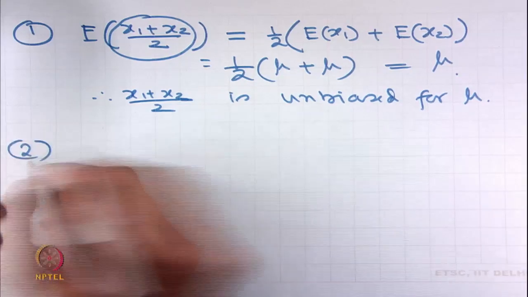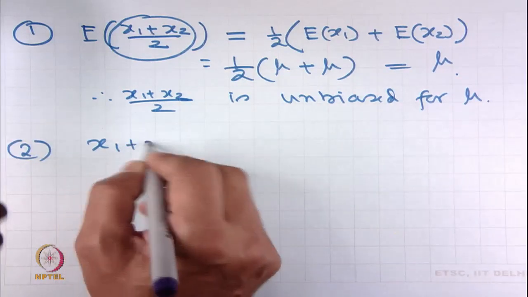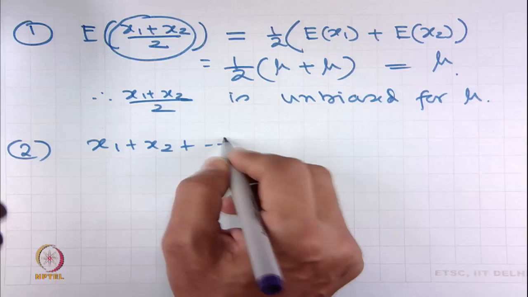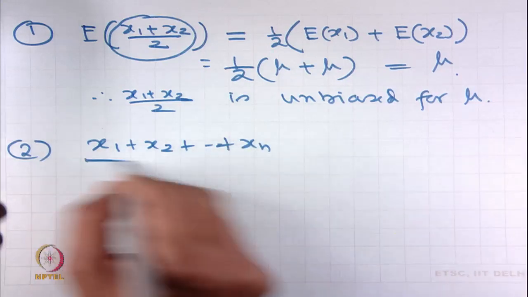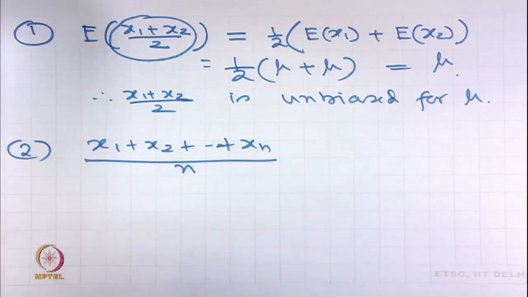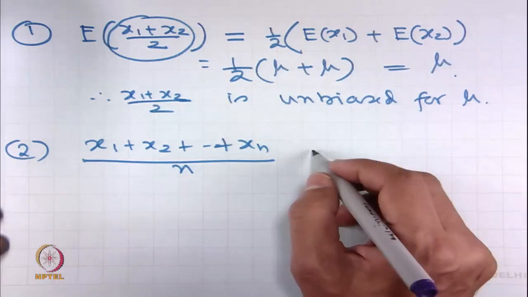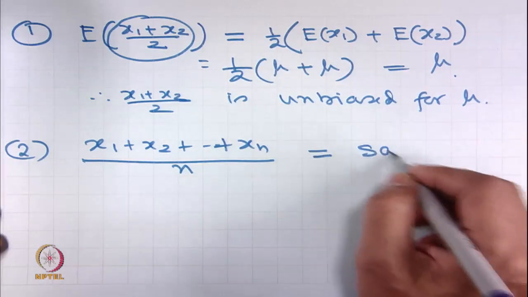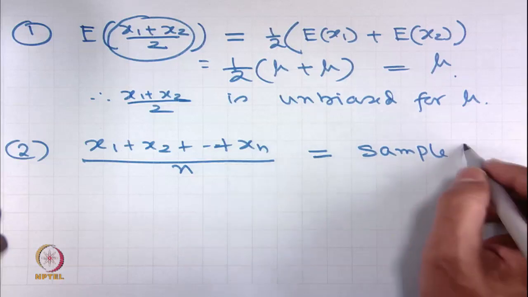Next, x 1 plus x 2 plus x n by n, or in other words, we are looking at the sample mean.